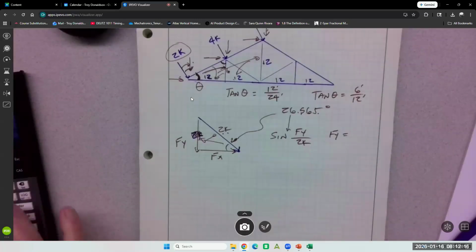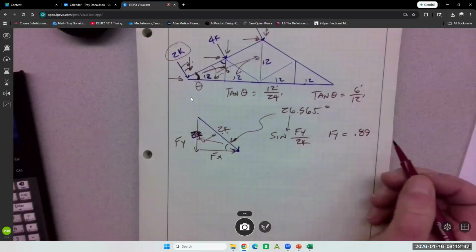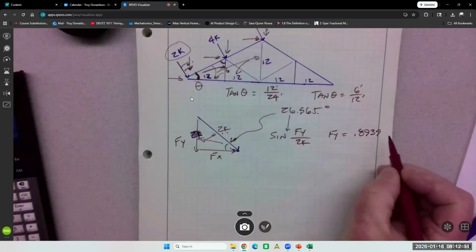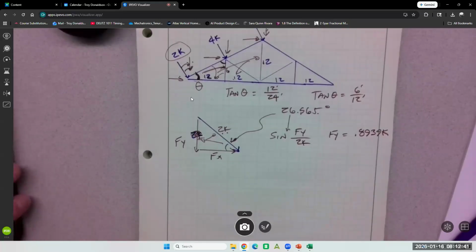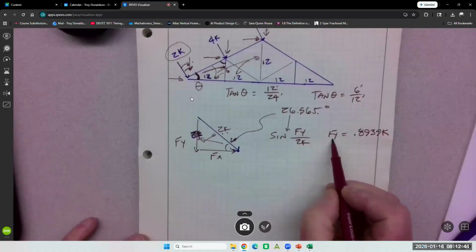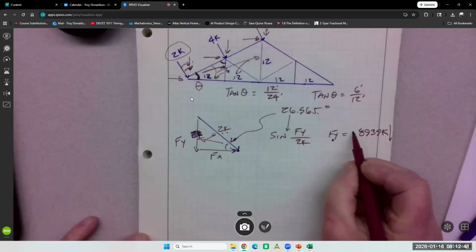Sine 2, yep. 0.8939K. And that's positive or negative? That is positive, right? Fy? Oh, no, it's negative because downforce. Yeah, downforce, negative. Good. Minus.